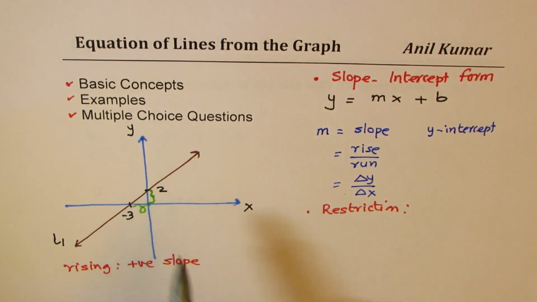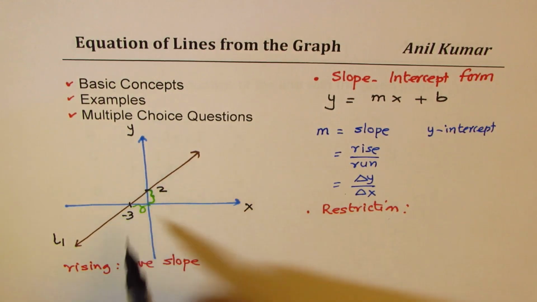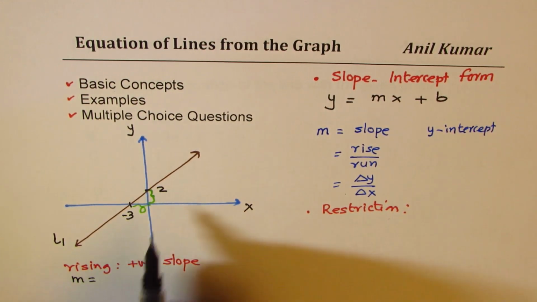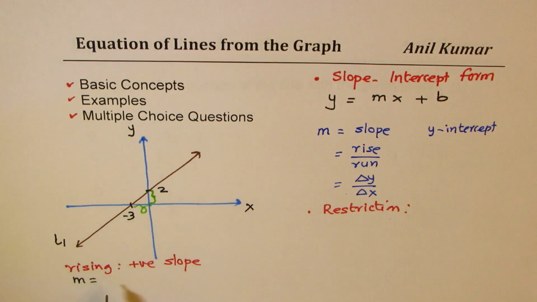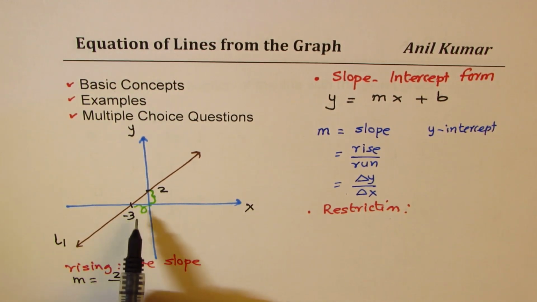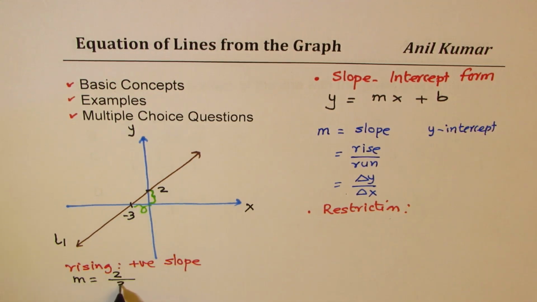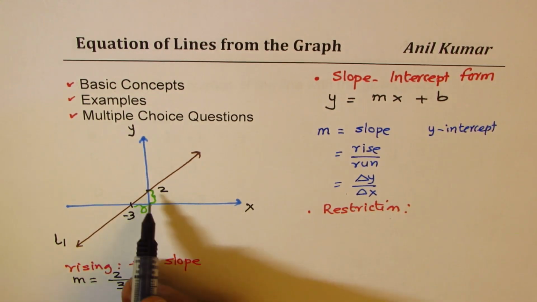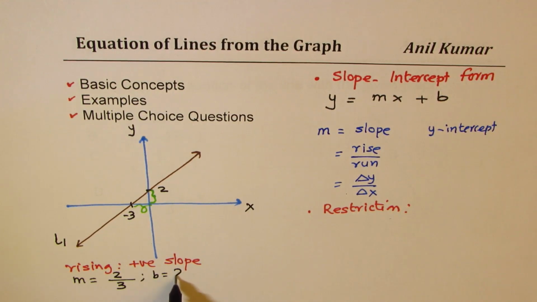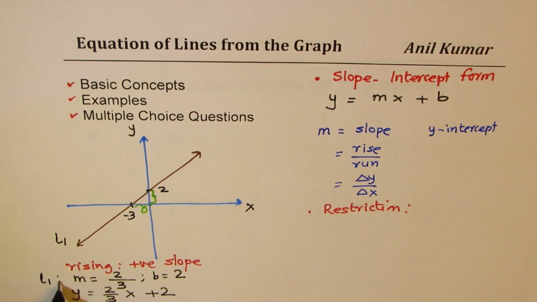For this particular line, m is rise of 2 over run from minus 3 to 0, so you go 3 units. 2 over 3. And y-intercept b is equal to 2. So for this line, I can write the equation y equals 2 over 3 x plus 2. Does it make sense? So that becomes the equation of our line 1, correct?